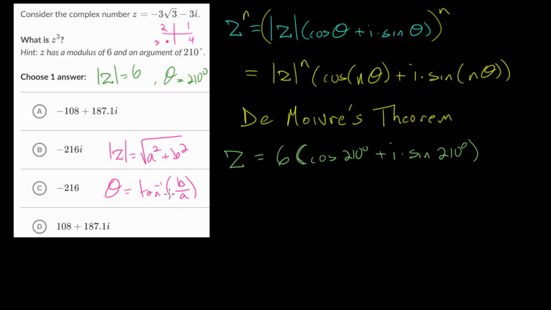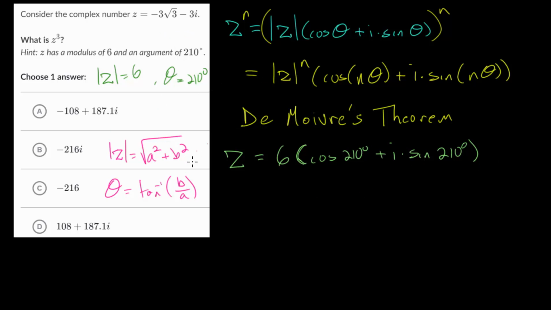This formula gives an output between minus 90 degrees and 90 degrees. So to get angles over here, we would either need to add 180 degrees for quadrant 2 or subtract 180 degrees for quadrant 3. Or you can just draw the right triangle and think about it geometrically. But either way, you can find the modulus and the argument when it's not given.